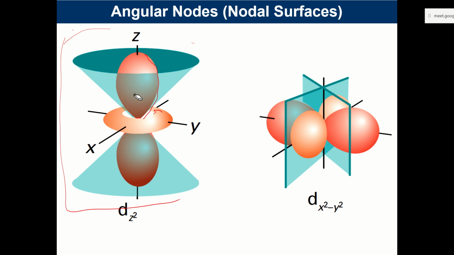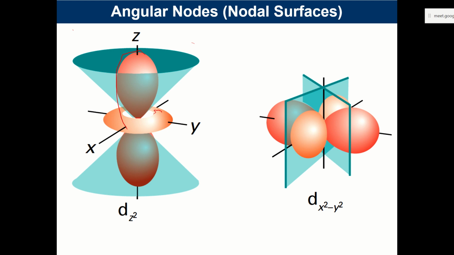So that is why this peculiar shape comes for dz square, and if you think carefully, electron density along z is much larger as compared to in the xy plane, and it is directed along the axis. So if this is used for overlapping with something else, you put more electron density in the overlap region, and so it is preferred in bonding. When the first bond forms between two metal clusters, a sigma bond forms, so dz square is used first. x square minus y square also has electron density along the axis, but that will take part later on in others.